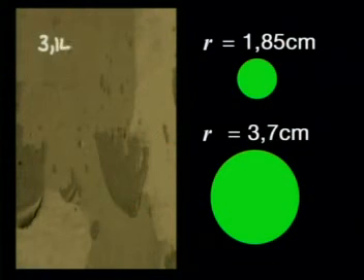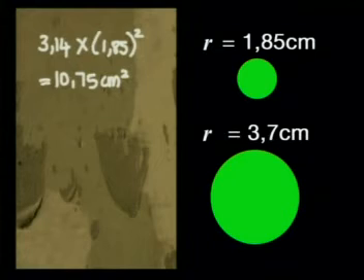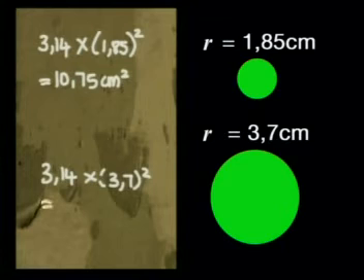The area of the new circle is pi times r squared, which is 3,14 times 1,85 times 1,85. That comes to 10,75 square centimeters. The big circle was 3,14 times 3,7 times 3,7.